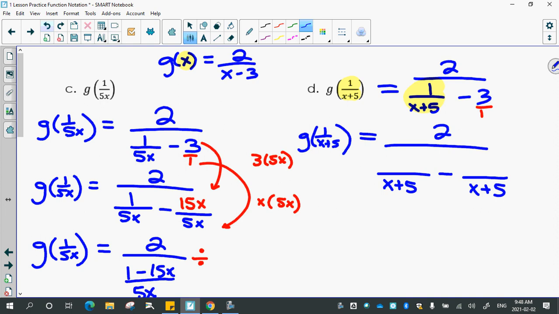The first fraction already had x plus 5 as the denominator, so the numerator is going to stay the same. The second one had a 1, so I had to multiply it by x plus 5, which means I have to multiply this by x plus 5.